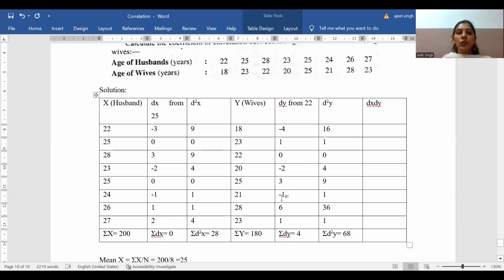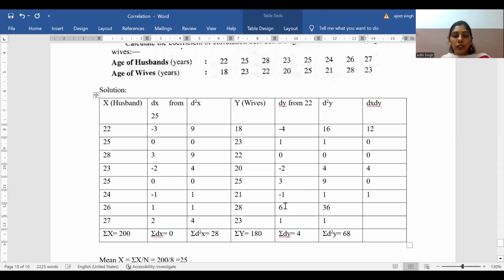So minus 4 into minus 3, it's 12. 1 into 0 is 0. 3 into 0 is 0. Minus 2 into minus 4 is minus 8. Minus 2 into minus 2 is 4. And 3 into 0 is again 0. Minus 1 into 1 is 1.